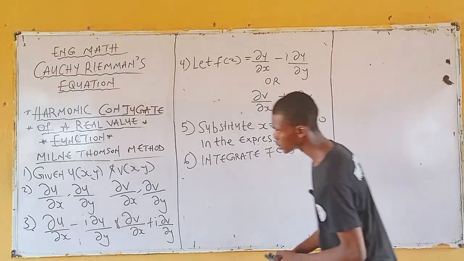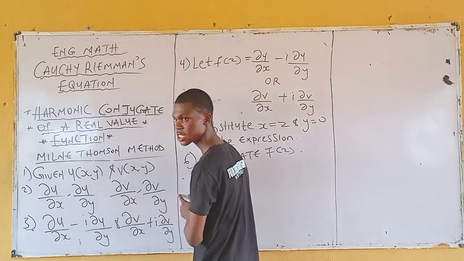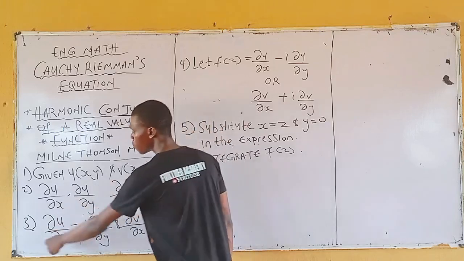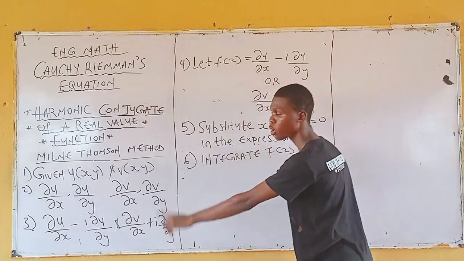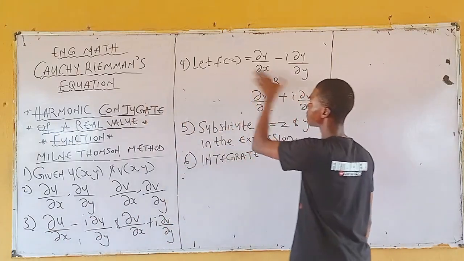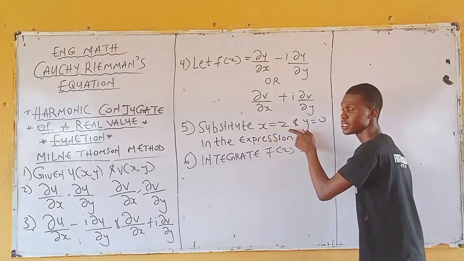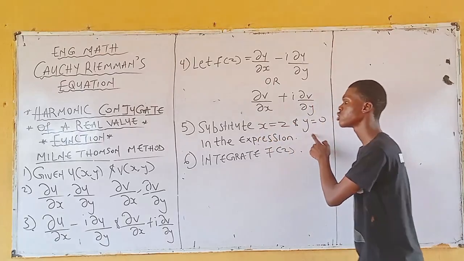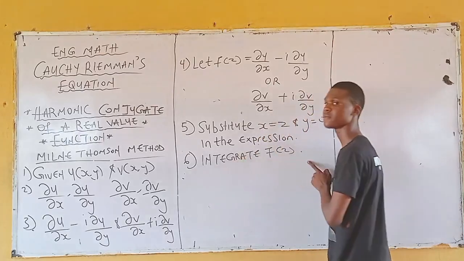The first step is what? Given this function, differentiate your function, right? Compute this. Let f of z equal this. Meaning what you've computed, write it as f of z. Anywhere you see x, substitute it as z. Anywhere you see y, substitute it as 0. Then lastly, integrate f of z.